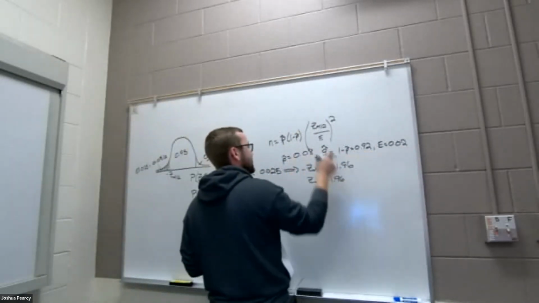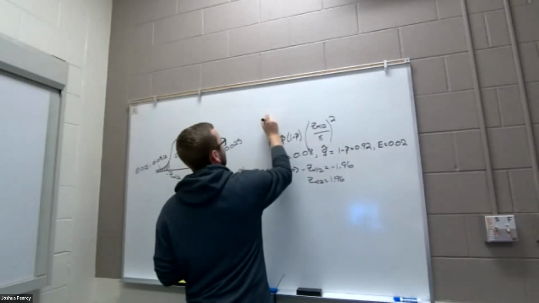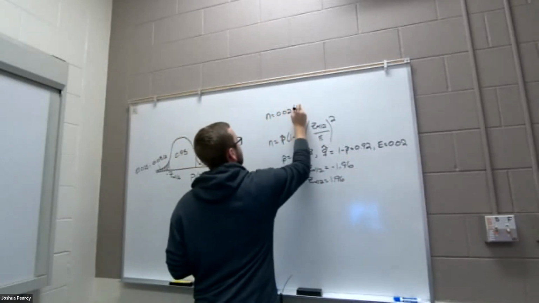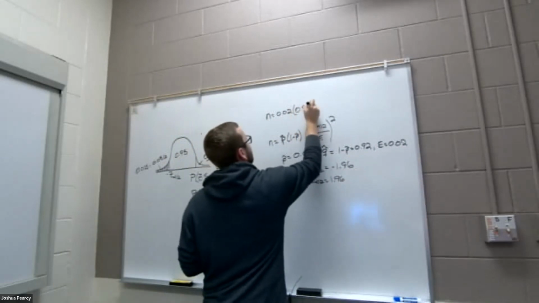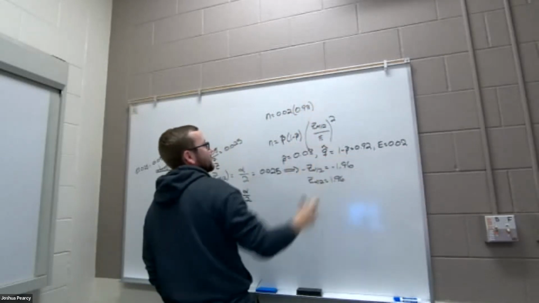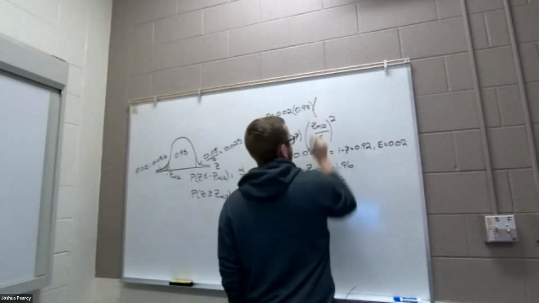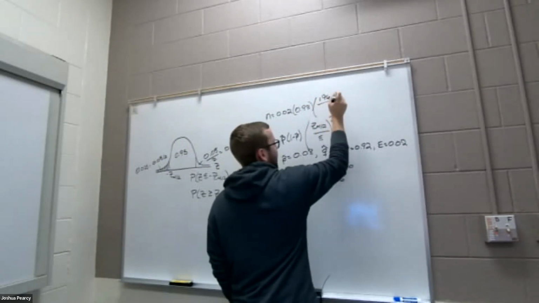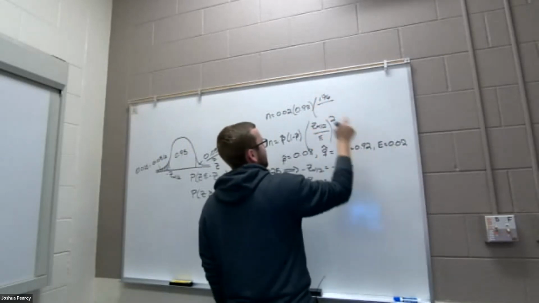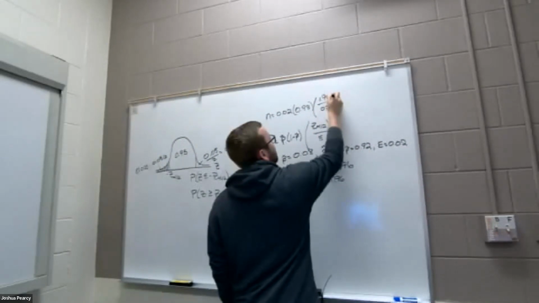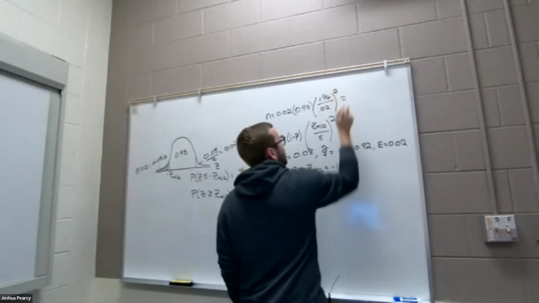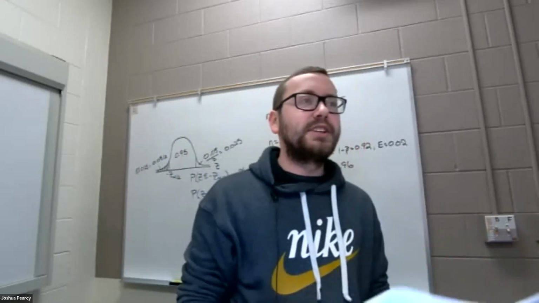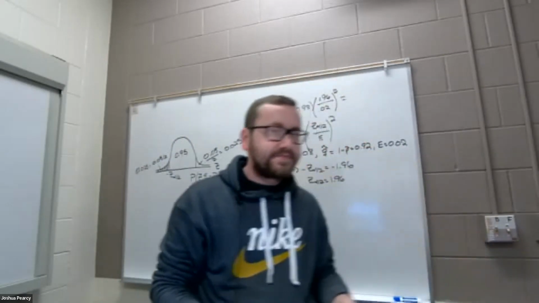Plug in all of these into here. And you have n equals 0.08 times 0.92, that's just p hat times 1 minus p hat, times z alpha over 2, which is 1.96, divided by E, 0.02, squared. Someone plug that in your calculator and tell me what you get.